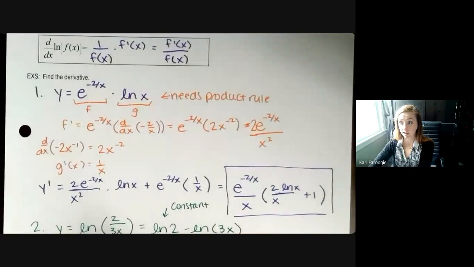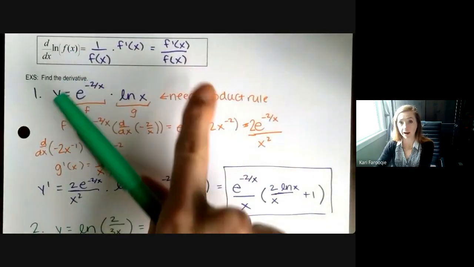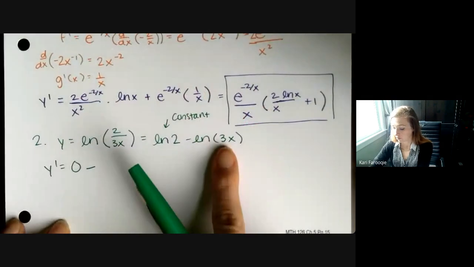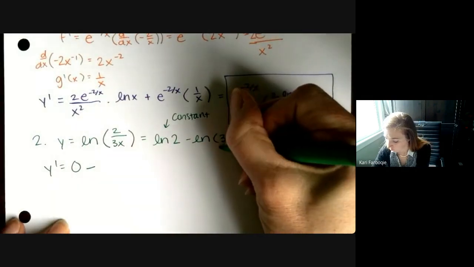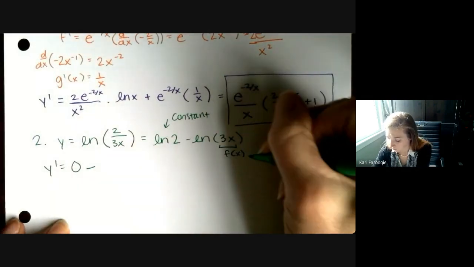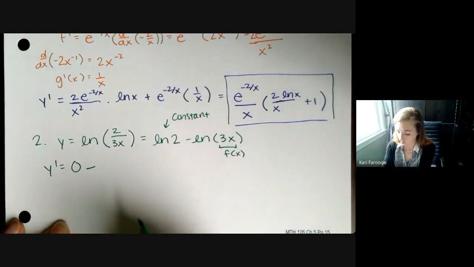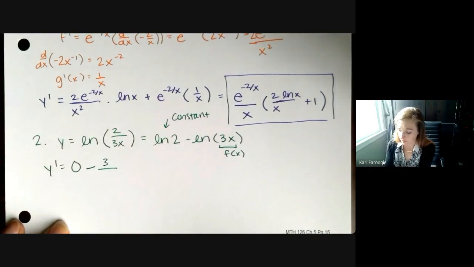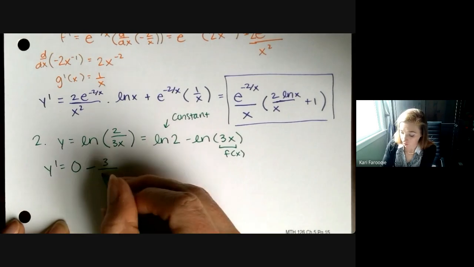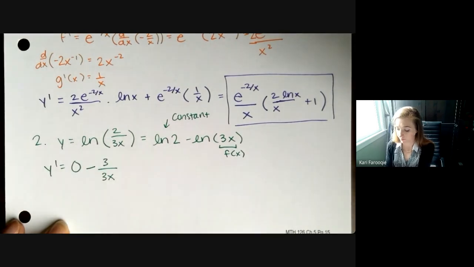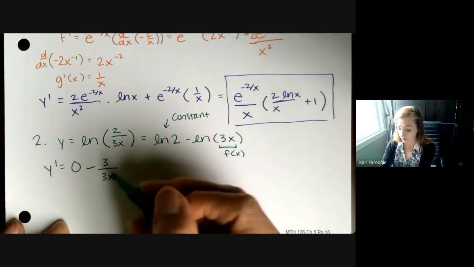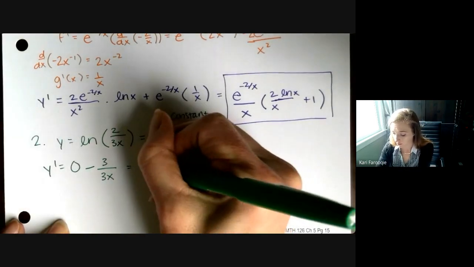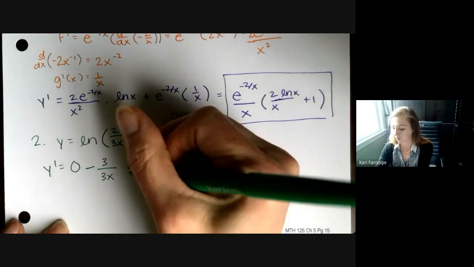We're going to take f prime over f. So if your inside function is f of x, you're going to take f prime, which is 3, and then you'll divide it by 3x, which is f. So now we can simplify your derivative by canceling out 3's, and what that leaves you with is negative 1 over x.